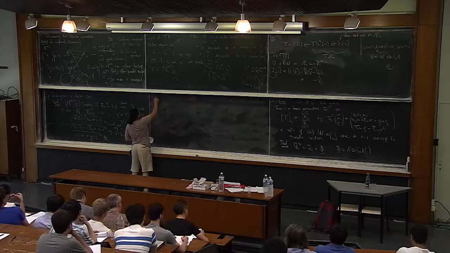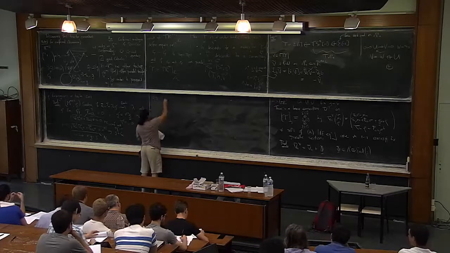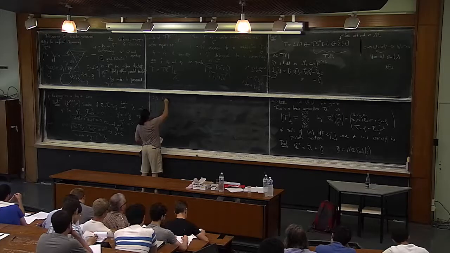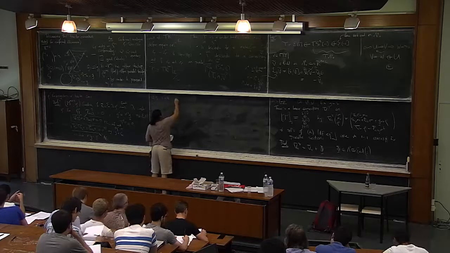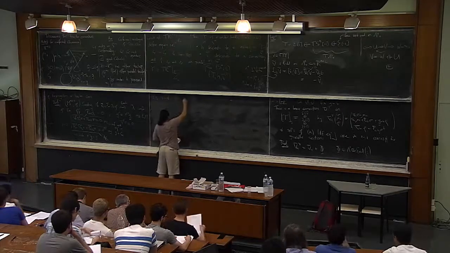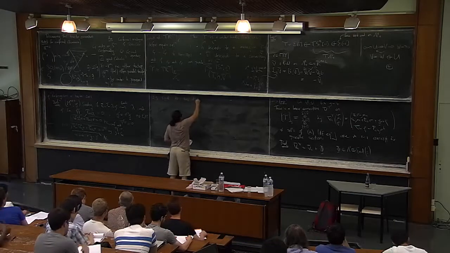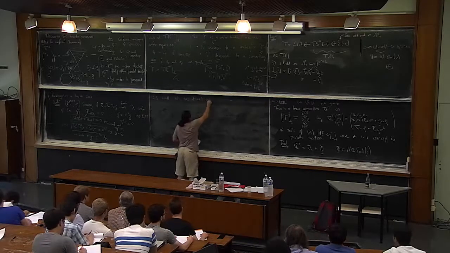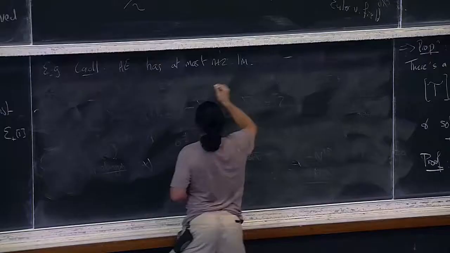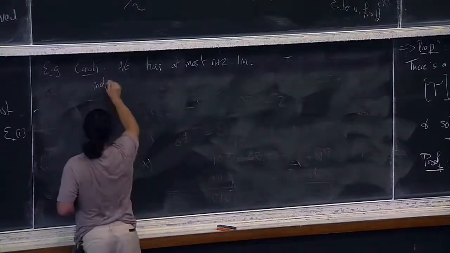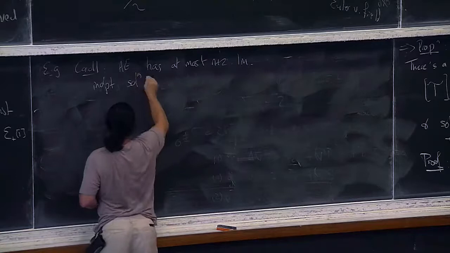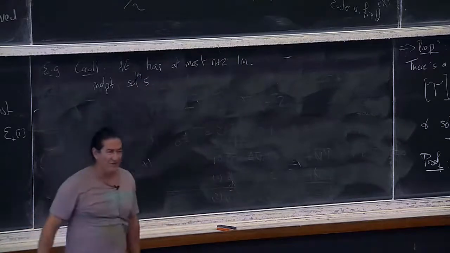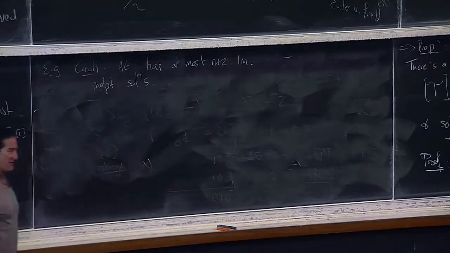So an example of an immediate application, a corollary if you like, is that AE has at most n plus 2 linearly independent solutions. I'm assuming here the manifold's connected. Let's always assume the manifold's connected to avoid silly complications.